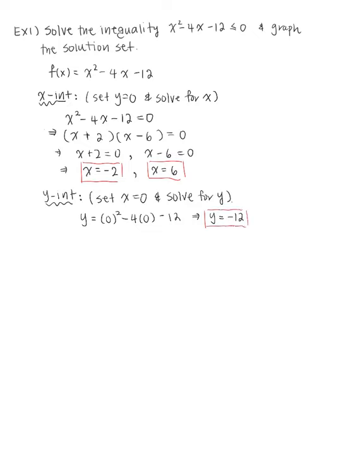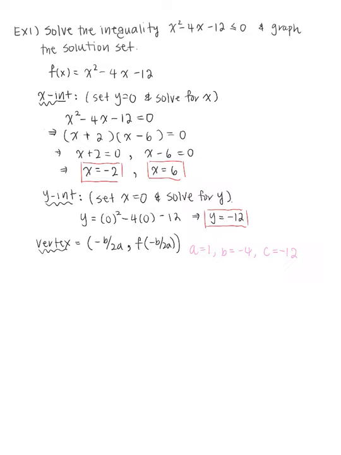Okay, so now let's get ourselves the vertex. Now, the formula for the vertex was negative b over 2a, and then f of negative b over 2a. So in this case, our a is 1, and then b is negative 4, and then c, although we're not going to need c to compute the vertex, but what the heck, c is negative 12.